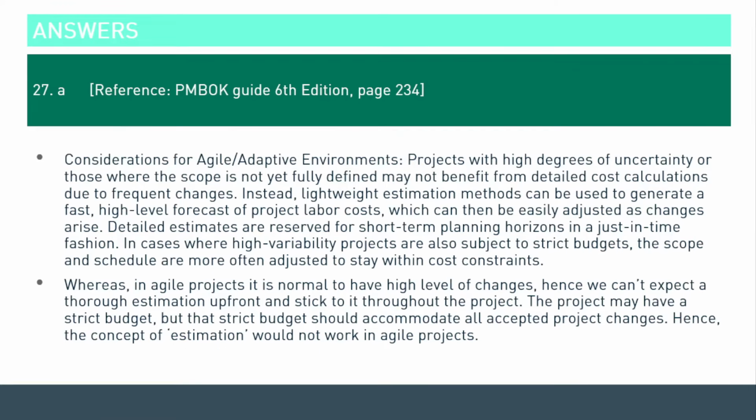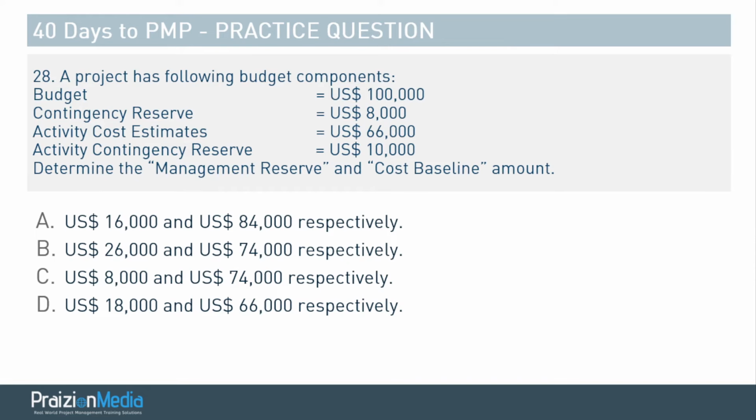All right. Another question. A project has the following budget components. Determine the management reserve and cost baseline amount. I'll give you some time to let it marinate. Okay. Let's end and let's check the answer.